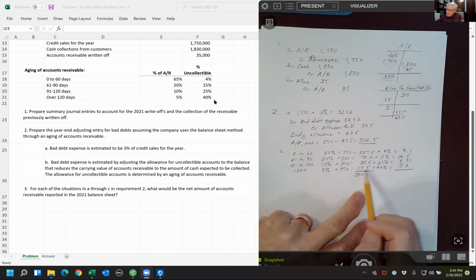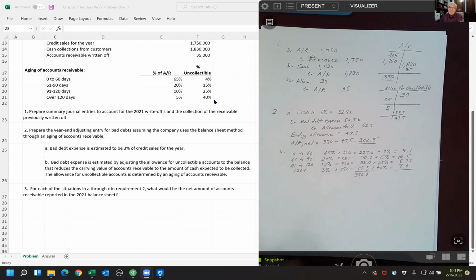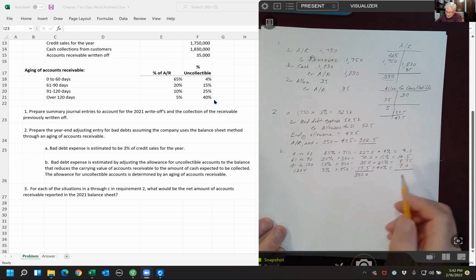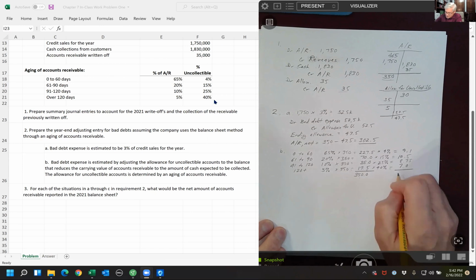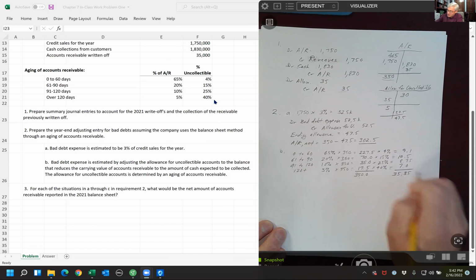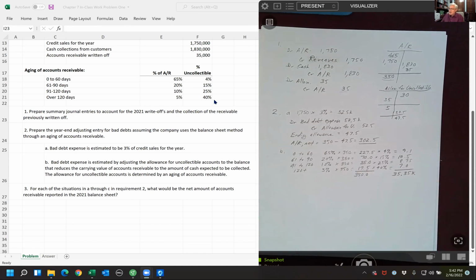Now, the company must be pretty good with these old accounts and based on historical practice, because they are going to collect, they believe, 10,500. Again, these are all estimates at this point. So we add up all the uncollectible accounts and we get to 35,350, again, in thousands.